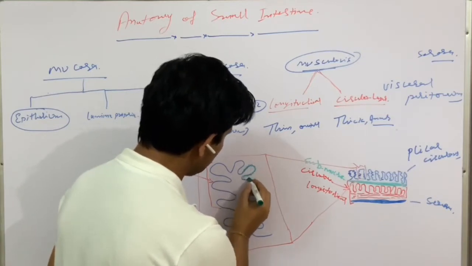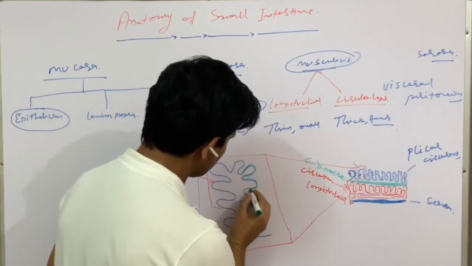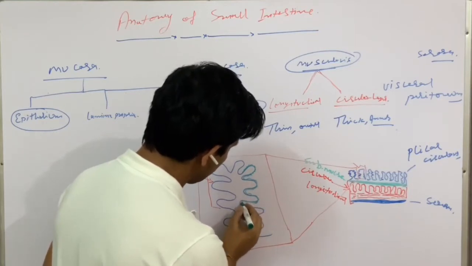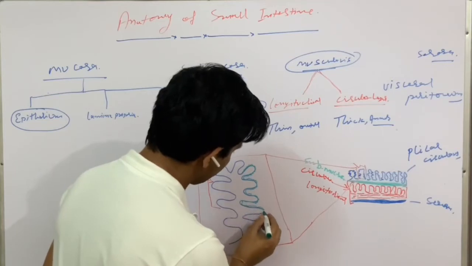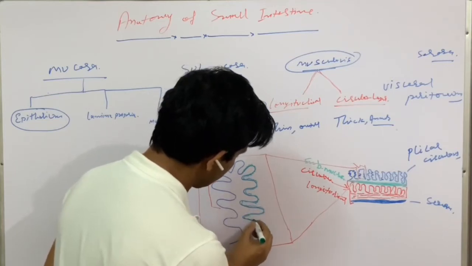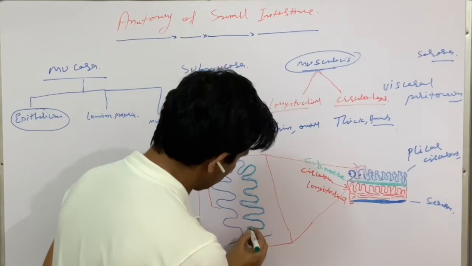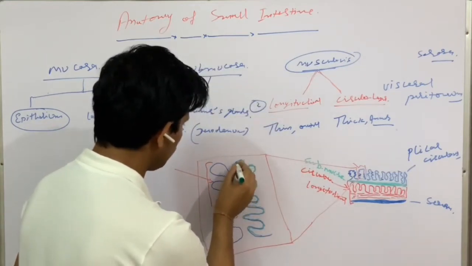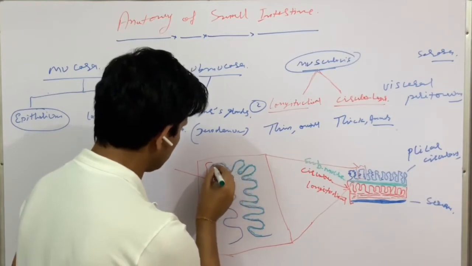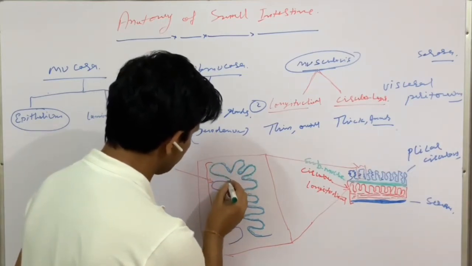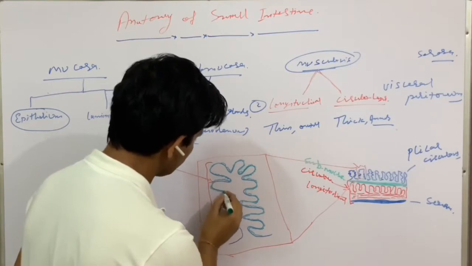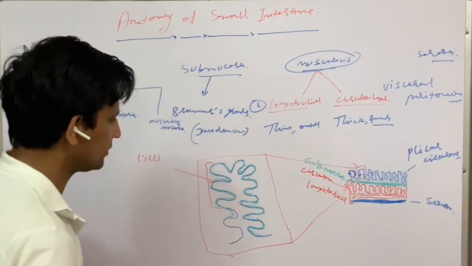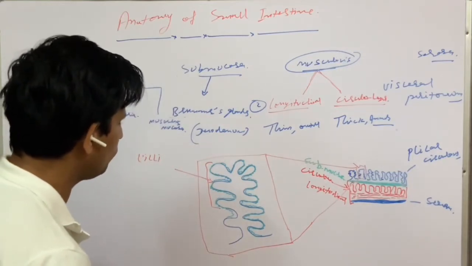These are very teeny microstructures, and through the microscope you can't see an individual structure. They look like the bristles on a brush, right? Throughout the surface you can see these microstructures. And what are they? These are known as the microvilli.